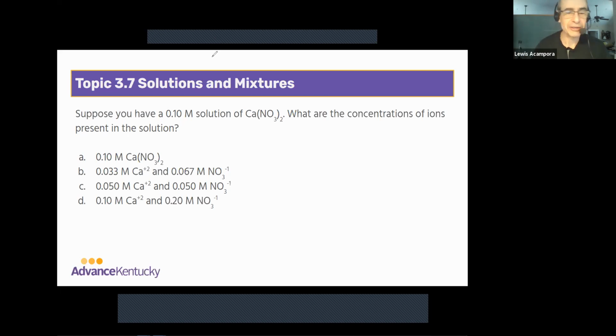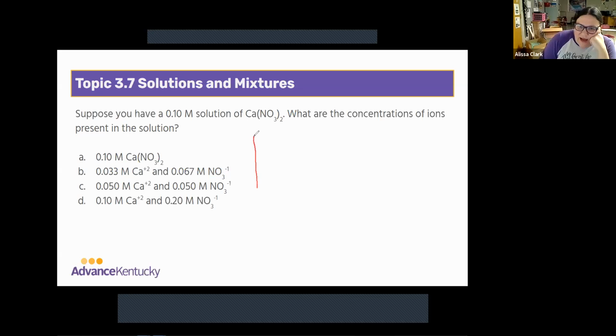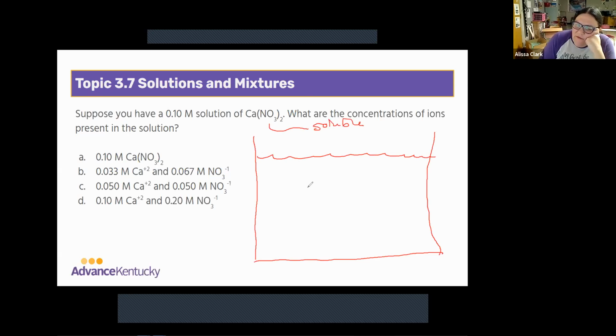What is the structure of calcium nitrate as a solid, and what's the structure of a solution of calcium nitrate? Absolutely. So I would say the sole thing you would have to memorize is that nitrate salts are soluble in water. If you have an ionic compound that has nitrate as an anion, it is going to be soluble in water.